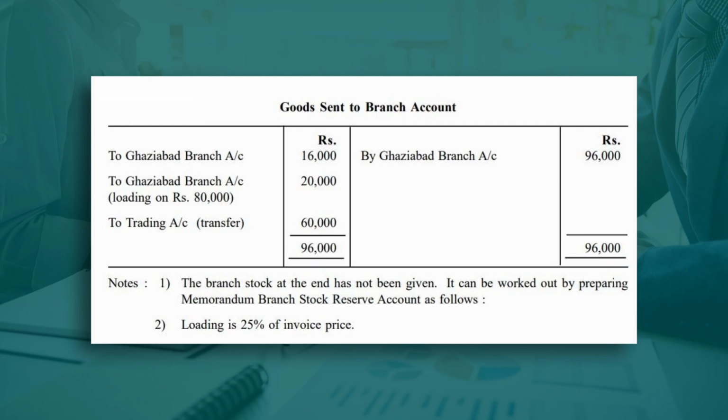So, 96,000 minus 16,000, the net goods sent by head office to the branch is 80,000. So, the loading amount will be 20,000, and this is the balancing figure of 60,000, to trading account 60,000. So, the totals are 96,000, 96,000.